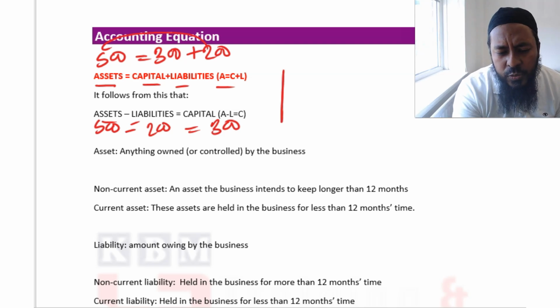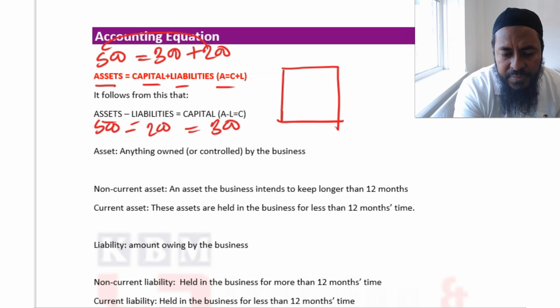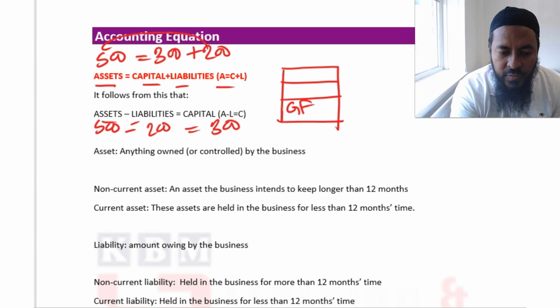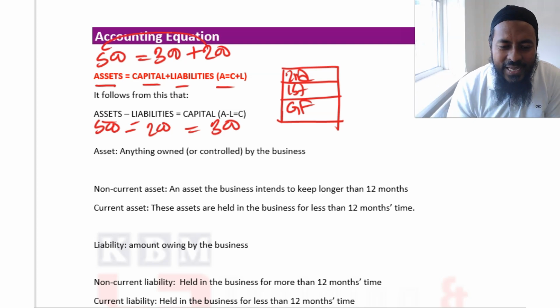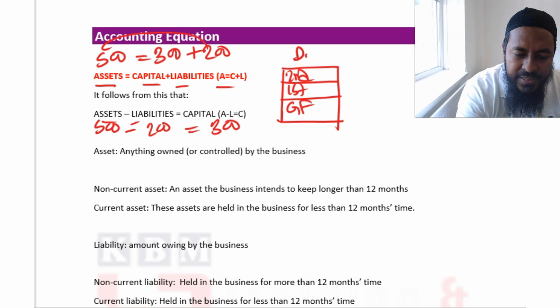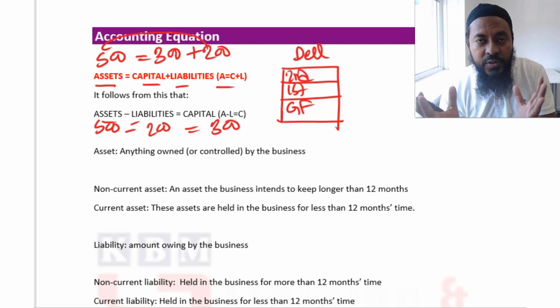I would like to show you one quick example of a 3-storey building: ground floor, first floor and second floor. Let's assume this is the Dell building, a 3-storey building.